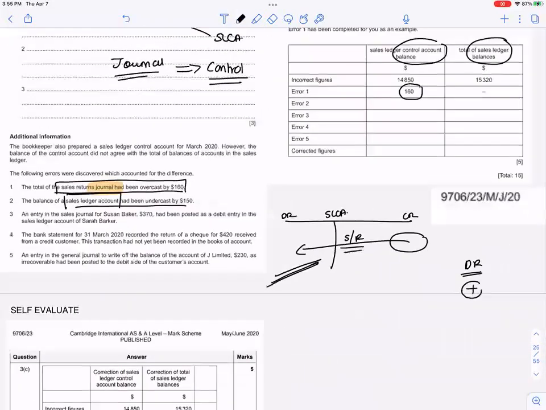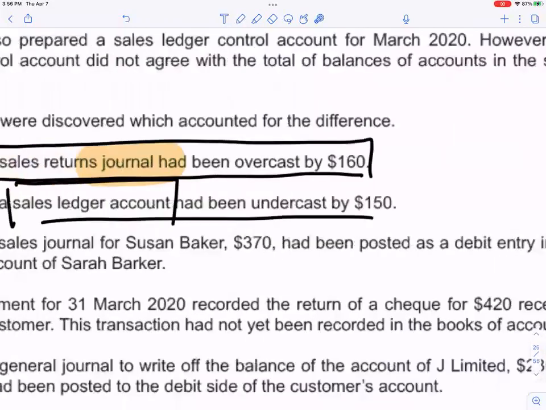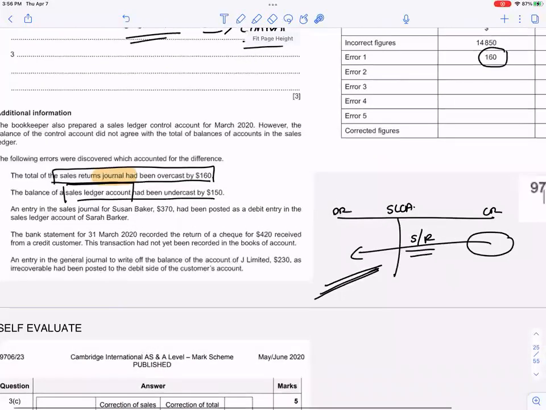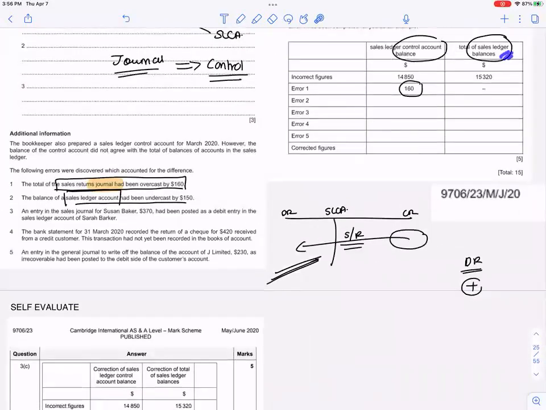Where should I do the correction, in the control account or in the sales ledger? It will be in the sales ledger, right? They've mentioned sales ledger account, so the correction will be in the sales ledger.